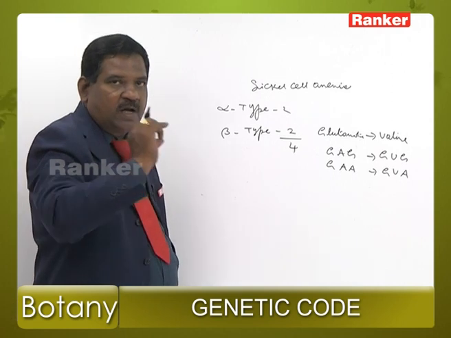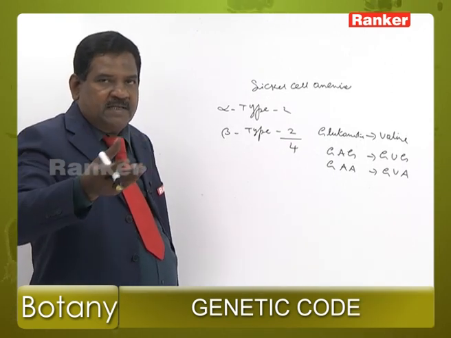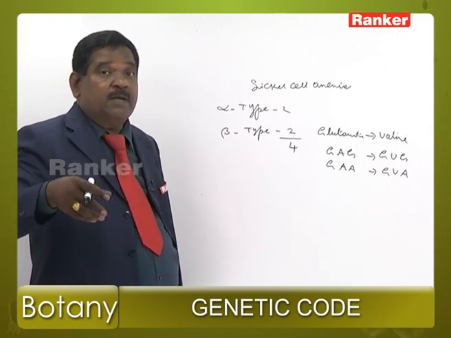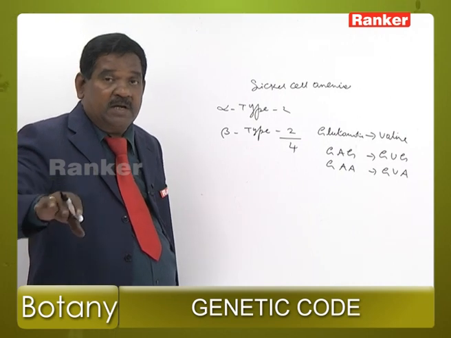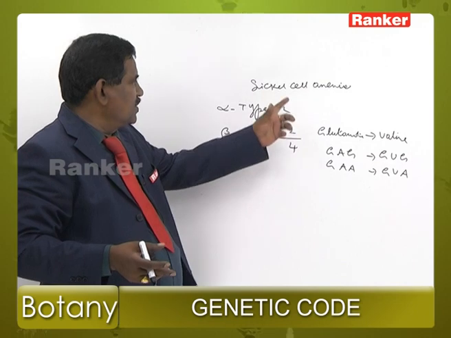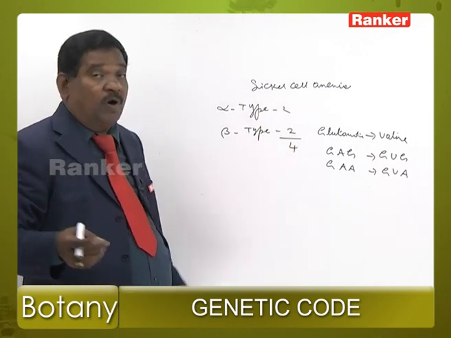So the sequence of the polypeptide chain changes. When the sequence of amino acids in the polypeptide changes, the type of polypeptide chain or protein also changes. So the structure changes, and that leads to sickle cell anemia. That comes under point mutation.